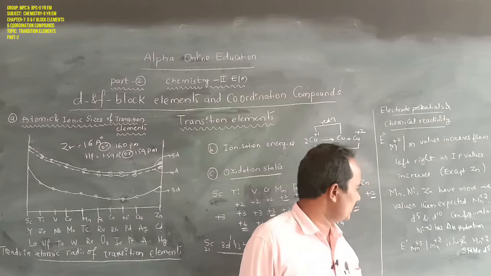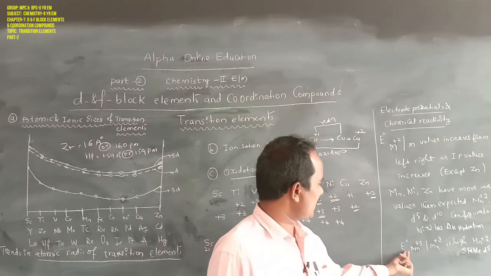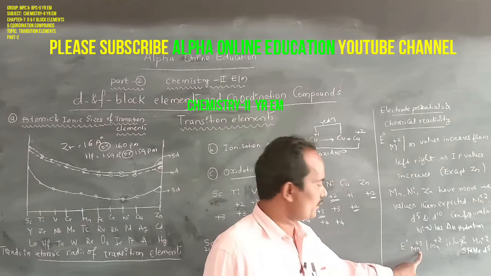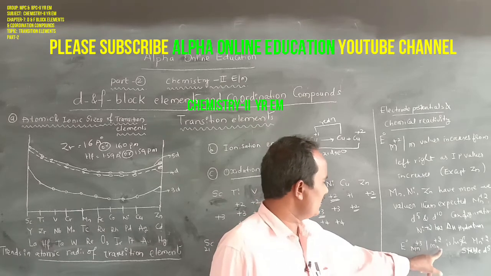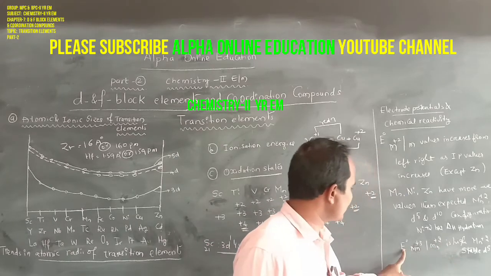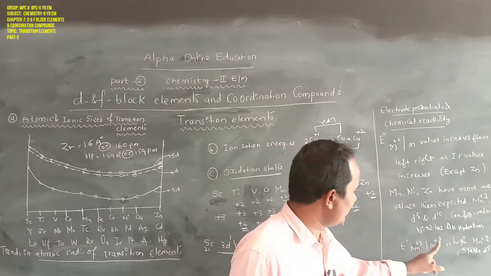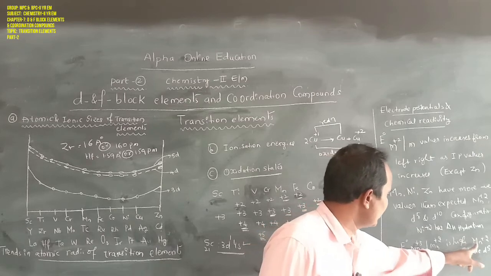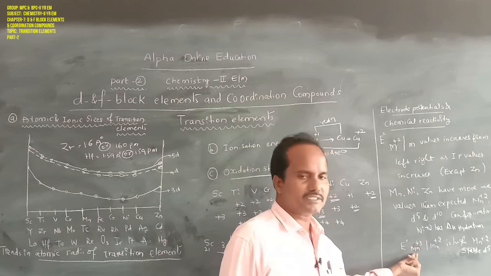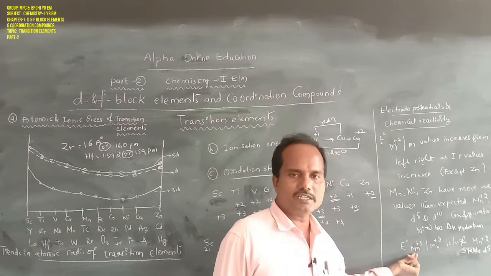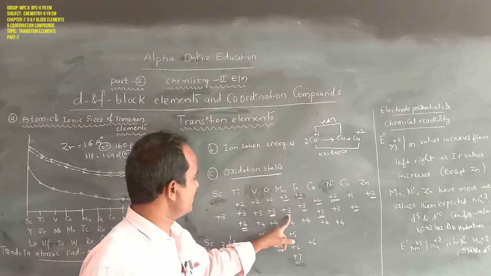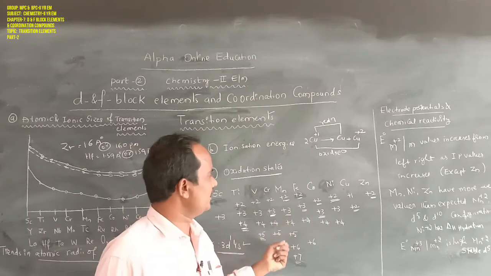Next, the standard reduction potential value of manganese, Mn plus 3 to Mn plus 2, is high, because Mn plus 2 is stable while Mn plus 3 is unstable, as it has a d4 configuration.